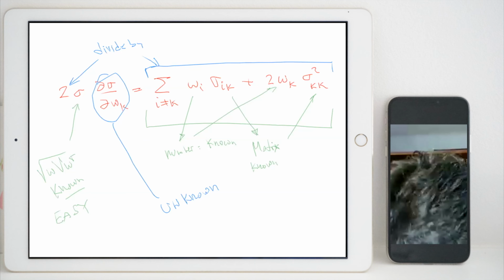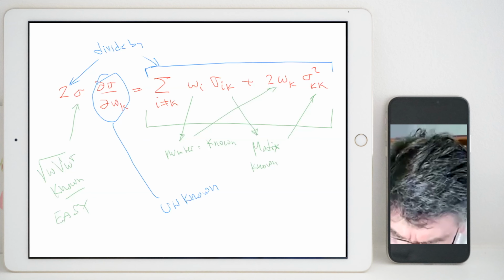So everybody now knows how to do the derivative. Now I'm going to share the actual assignment. I want to make a few more points. I'm going to share a different screen, my assignment.